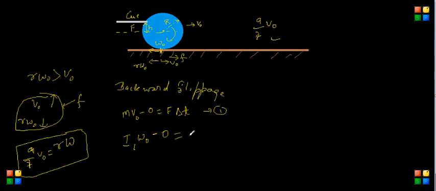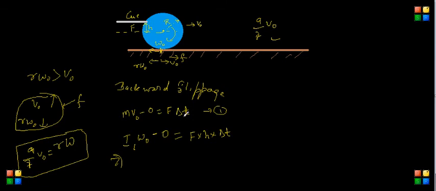What is my torque about the center of mass? There is only one force whose line of action will not pass through the center of mass, and that is the force F itself. So F times the perpendicular height h times delta t.